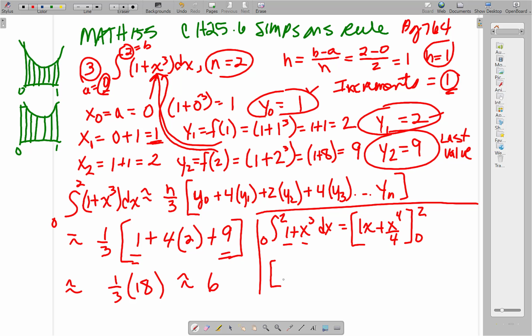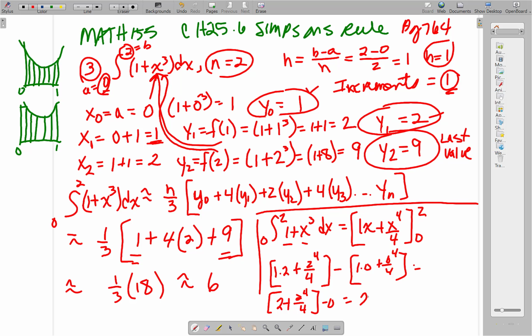So we start by saying 1 times 2 plus 2 to the fourth over 4, minus, and we would substitute 1 times 0 plus 0 to the fourth over 4, which is going to give us 2 plus 2 to the fourth over 4 minus 0, which in the end is going to give us 2 plus 4.